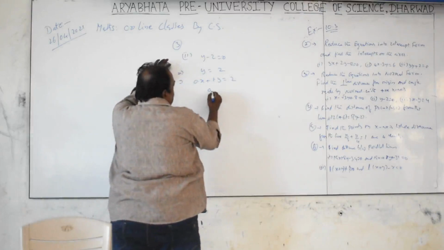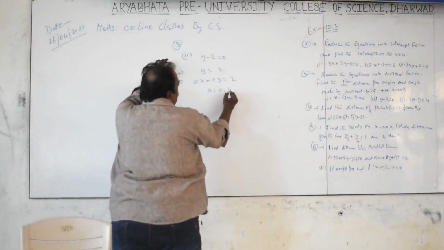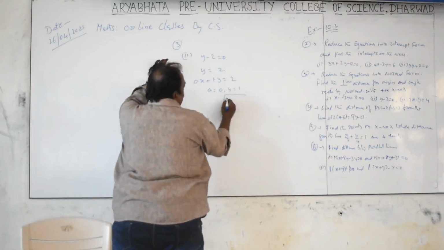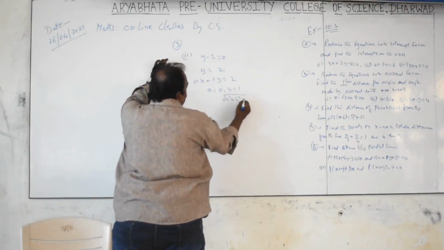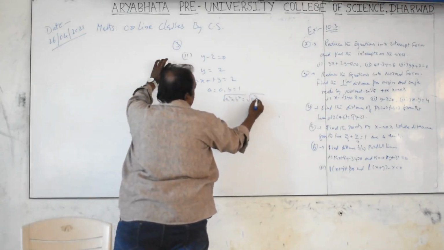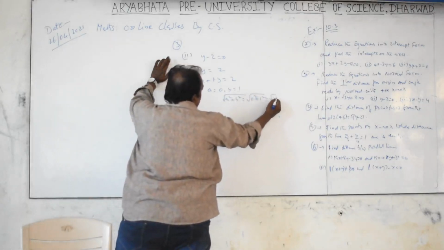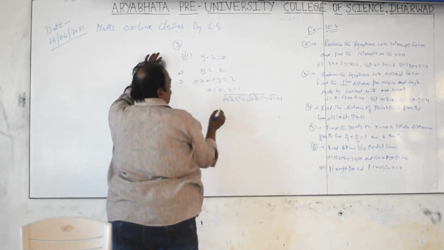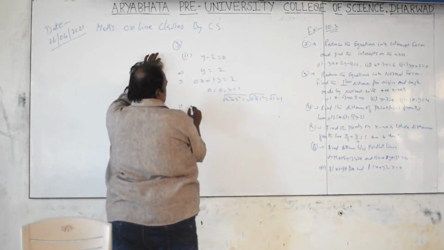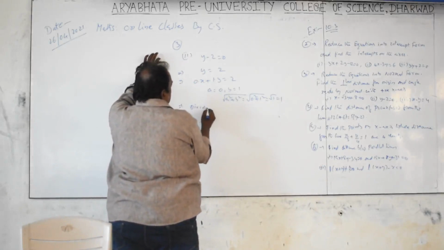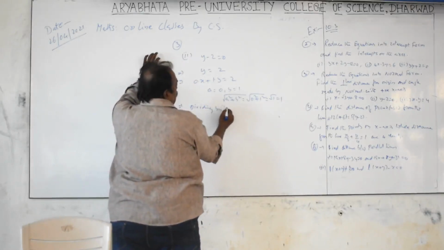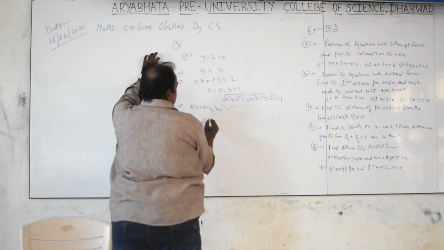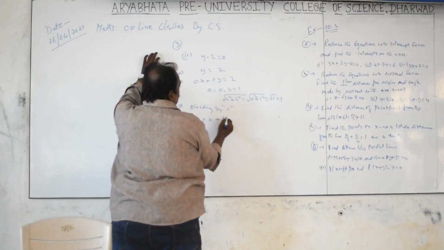Here a is equal to 0, b is equal to 1. Root of a square plus b square is root of 0 square plus 1 square, which is root 1, equal to 1. So no need to divide; dividing by 1, that is 0x plus 1y is equal to 2 only.